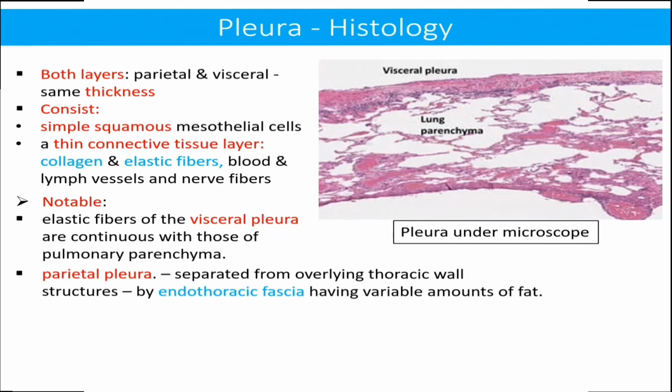Things to be noted are that elastic fibers of the visceral pleura are continuous with those of the pulmonary parenchyma, and parietal pleura is separated from overlying thoracic wall structures by endothoracic fascia having a variable amount of fat.